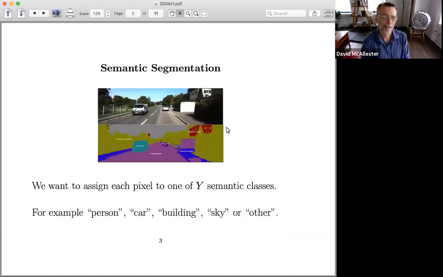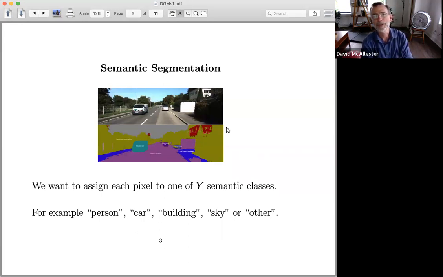So here's an intractable case, semantic segmentation. In semantic segmentation, you're given an image, and you want to classify each pixel in that image as to what semantic category the object at that pixel falls into.